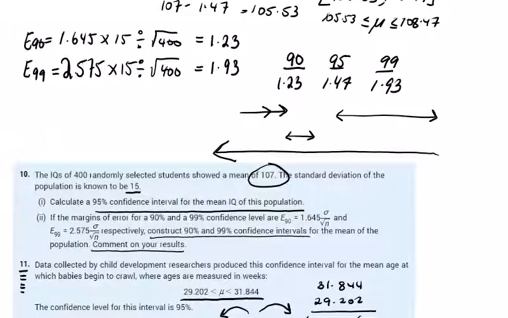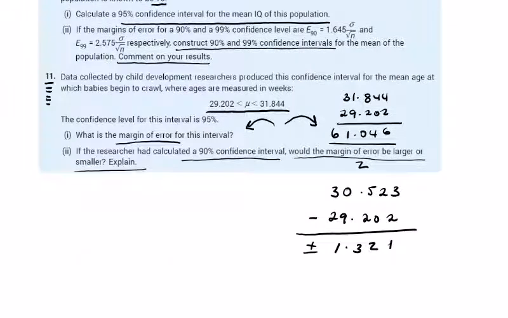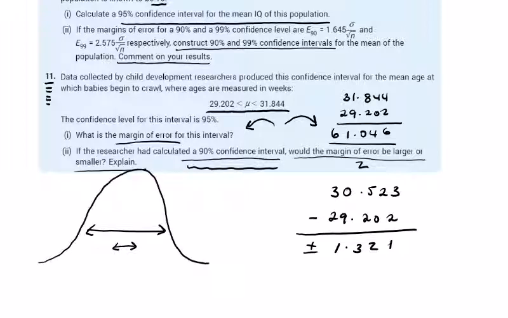The 90% confidence interval has a smaller margin of error than the 95 or the 99. The radius starts off big at 99 and reduces down. This margin of error gets smaller within these distribution curves. So that's the end of this video.